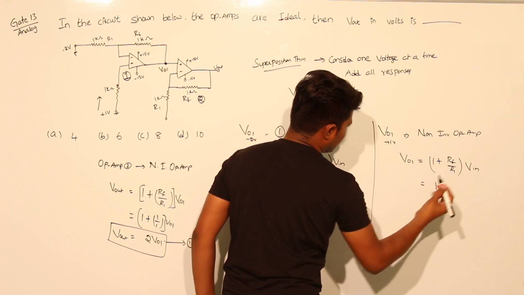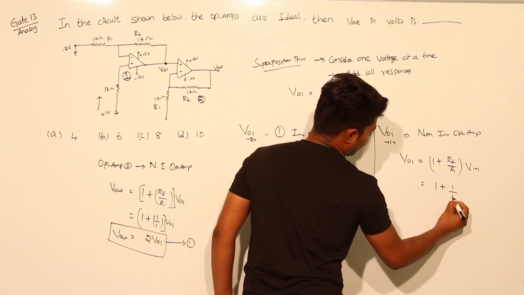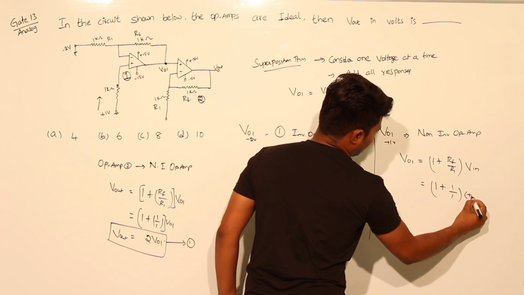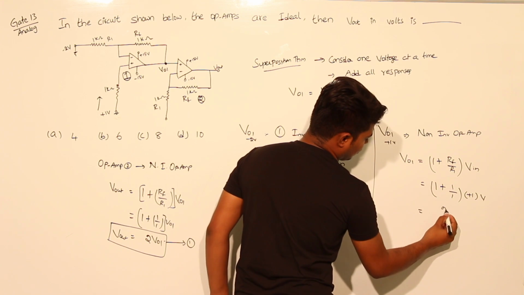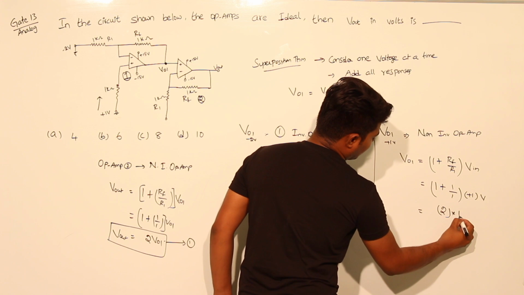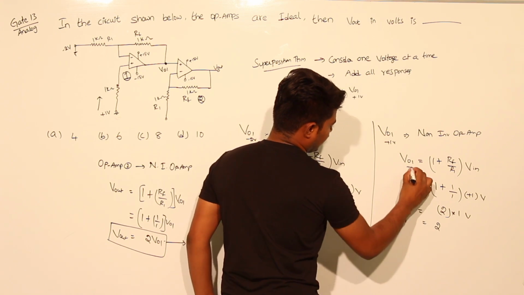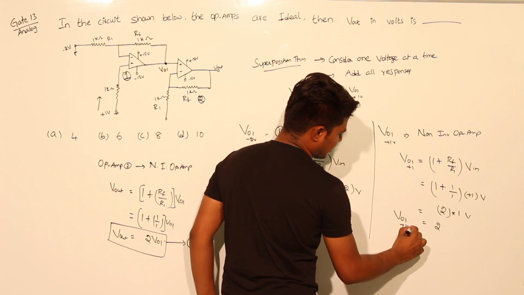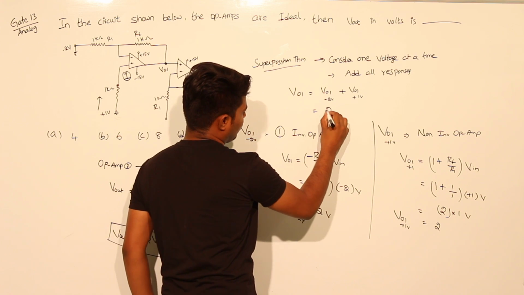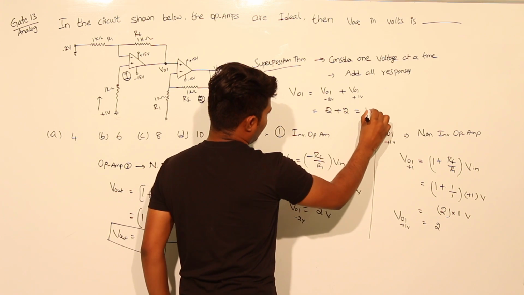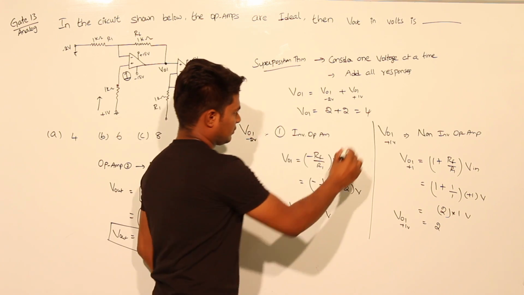RF is 1 kilo ohm and R1 is also 1 kilo ohm, so 1 plus 1 by 1 into Vin, which is plus 1 volt. This is 1 plus 1, 2 into 1 volt, equal to 2 volts. So VO1 due to plus 1 volt is 2 volts. Substituting, this will be 2 plus 2, equal to 4. Finally, VO1 is 4 volts.